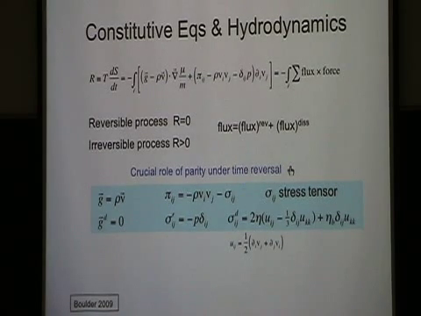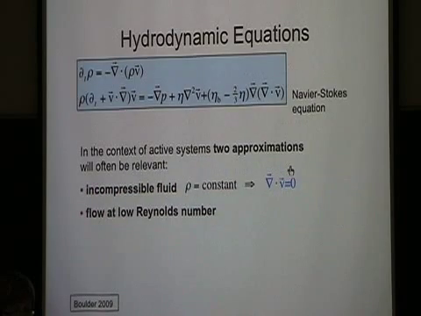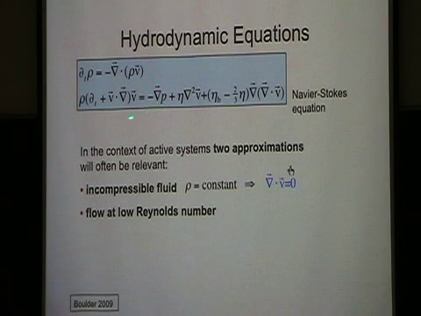You substitute this into the conservation laws, and you get the hydrodynamic equations. The conservation law for the density is unchanged, and the law of conservation for the momentum becomes the Navier-Stokes equation, which I'm sure is familiar to many of you. It contains this convective derivative, contains the gradient of pressure, and it contains viscous dissipation.